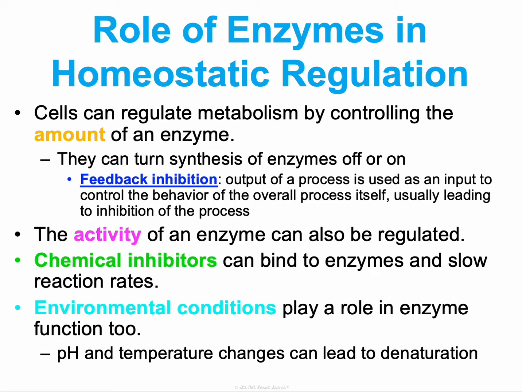Feedback inhibition helps with the cell's efficiency. It is helping it not to waste resources. And so it's going to regulate different things such as the activity of an enzyme, and chemical inhibitors can also bind to enzymes and slow reaction rates, while environmental conditions can also play a role in enzyme function.